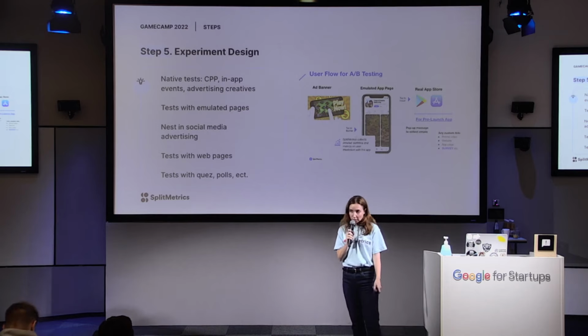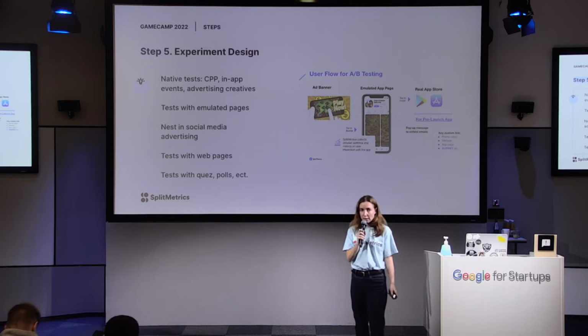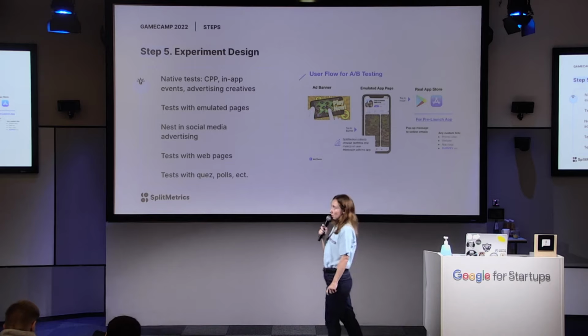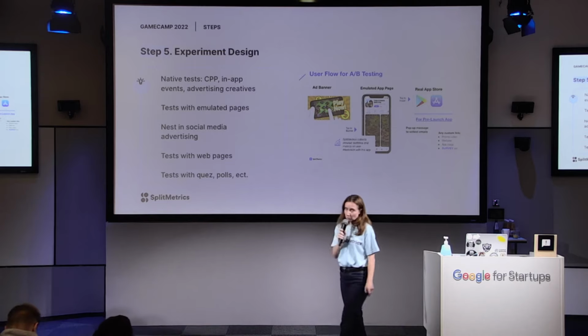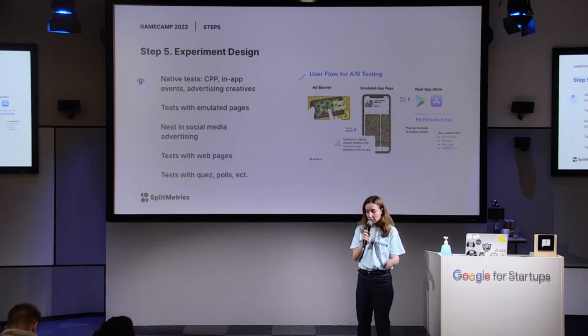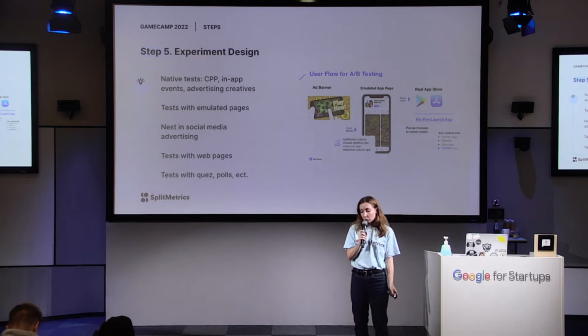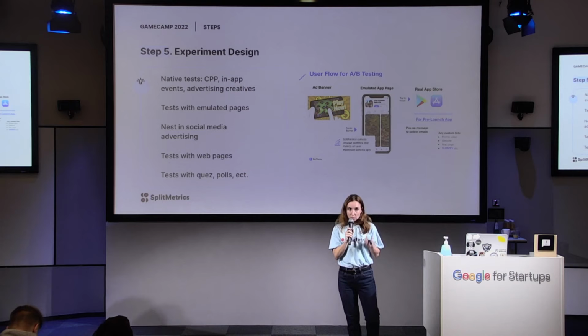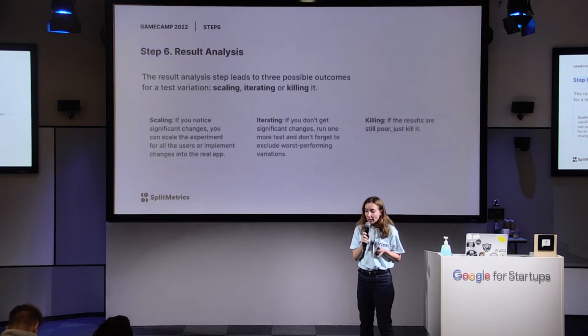But if you don't have an app yet, you could create emulated pages. You could also run tests with old-fashioned web pages. That also works. And you could run tests with quizzes and polls to learn more about your audience.